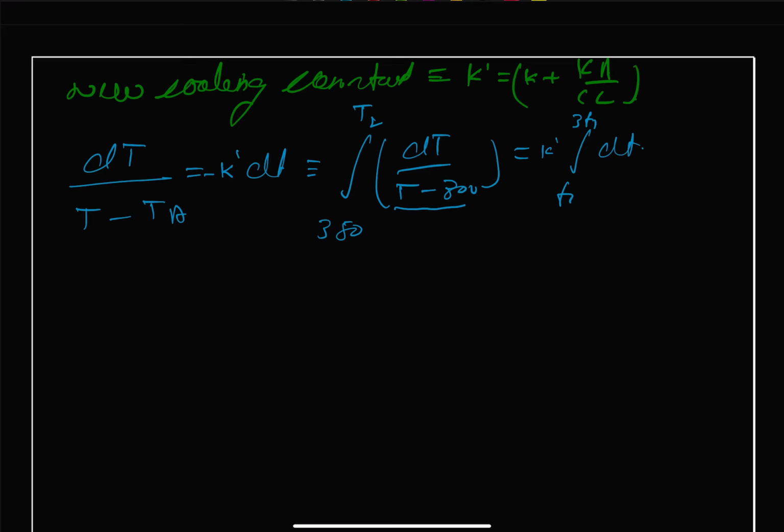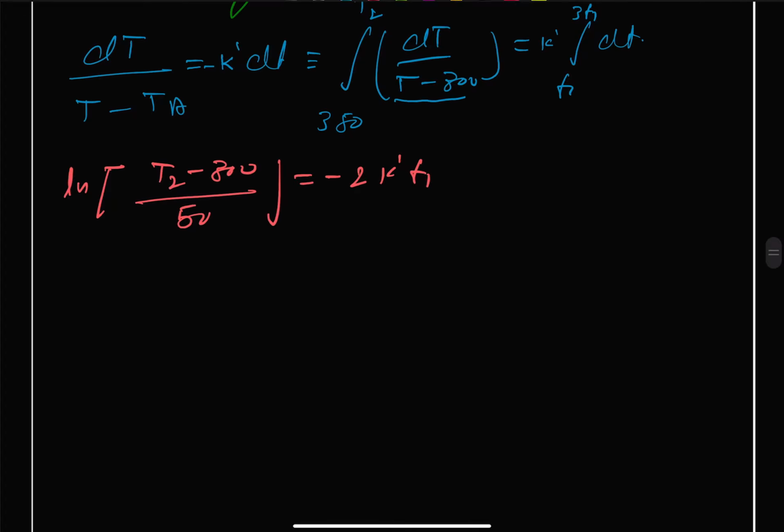So we get this as our natural log of T2 minus 300 divided by 50, and this is equal to, this will be coming as minus 2 K prime times T1, and we can just solve this now.